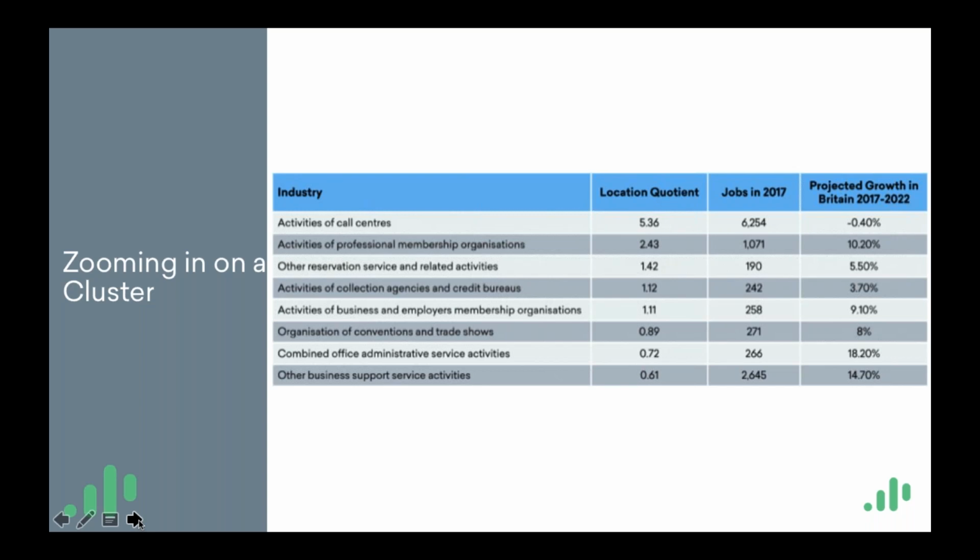So there's potential to grow this industry, drawing on the workforce, which will be similar in some cases to the call centres, and an opportunity there for local economic developers potentially to bring in new businesses to the area based on the fact that the workforce exists there, and grow it further.